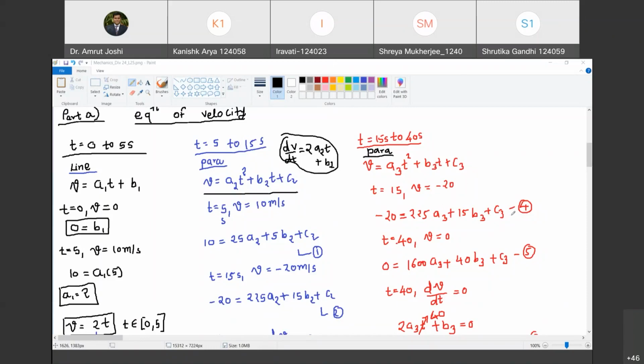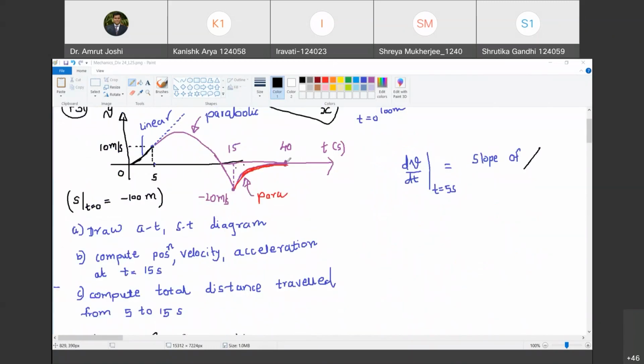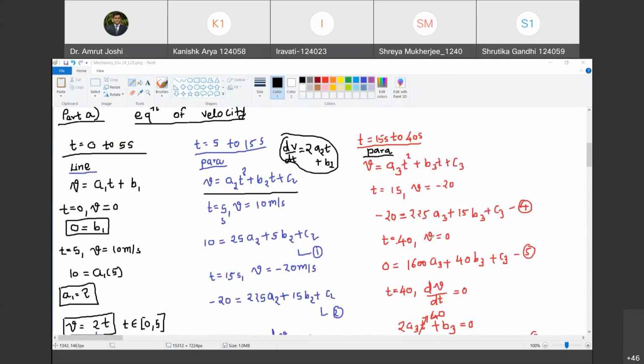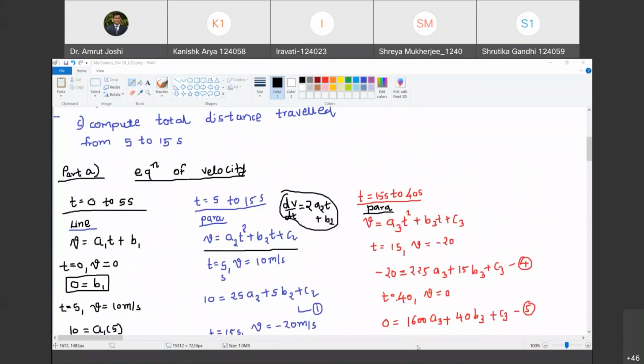Do you agree with me? Yes, sir. This is equation number 4. Now, what is the next condition? At time t equal to 40 seconds, velocity is 0. Happy? Yes, sir. So using that condition I can write 0 is equal to 40 square into a3, that is 1600 into a3, plus 40 b3 plus c3. So I have got the fourth and fifth equations.